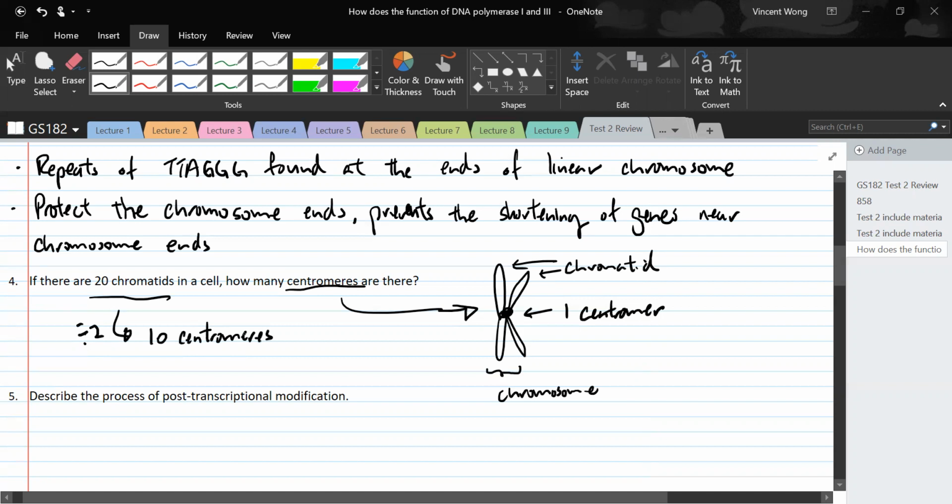What if it's divided already, like it's not specified? Yeah, that's a good one, right? You mean if they're already separated, is that what you mean? Yes. If they're already separated, we won't call them chromatids anymore, right? They would be individual chromosomes on their own.